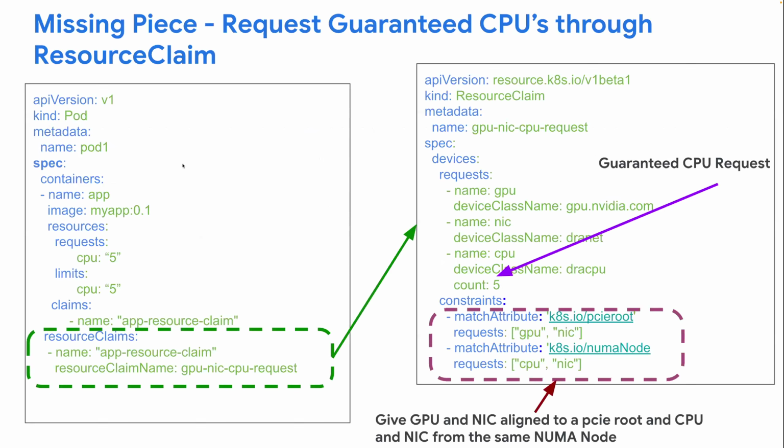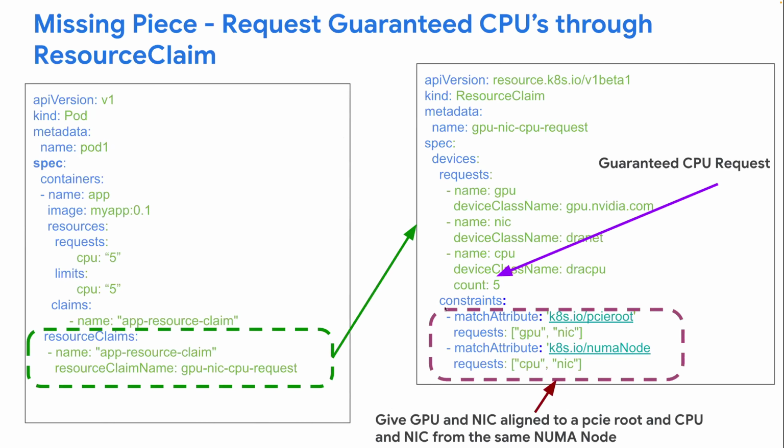And this is what the DRA CPU driver is trying to solve. In this example, it's similar to the resource claim with GPU and NIC, but with an additional request for a CPU device.